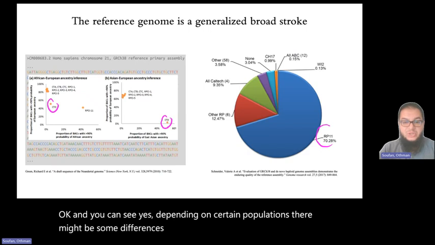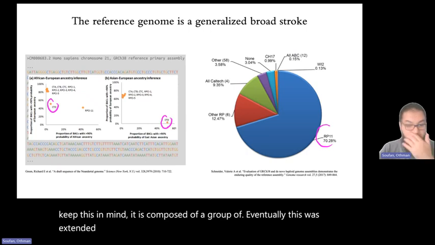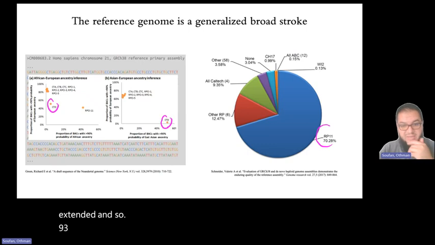And again, the reference genome itself, keep this in mind, is composed of a group of clones, and eventually this was extended, and 93% of that, again, was made of 11 individuals, okay, and clones.